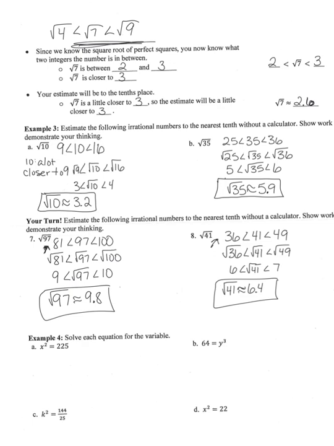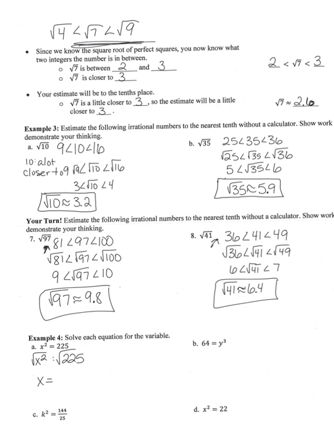We talked about how we can solve equations where we have x squared and x cubed, and we do that by taking the square root of both sides. So I'm going to take the square root of x squared and the square root of 225. The square root of x squared is x.